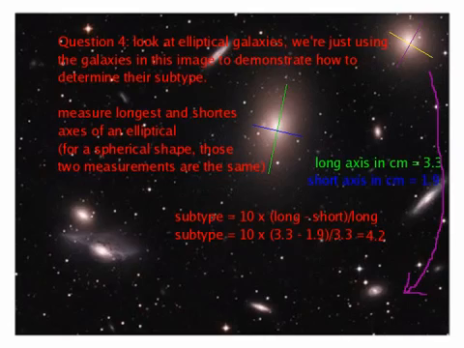Martina, did you have a chance to measure the two axes? It's actually kind of hard to see which one, if any, is longer. So let's just say, so the long axis, that's the purple one, right?